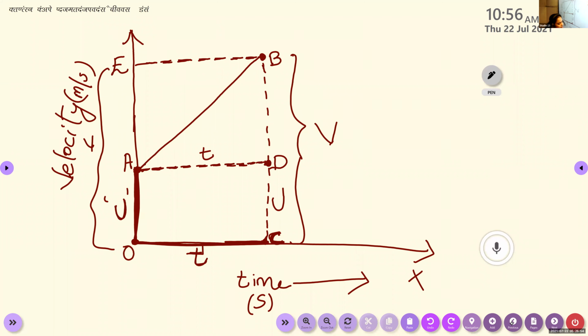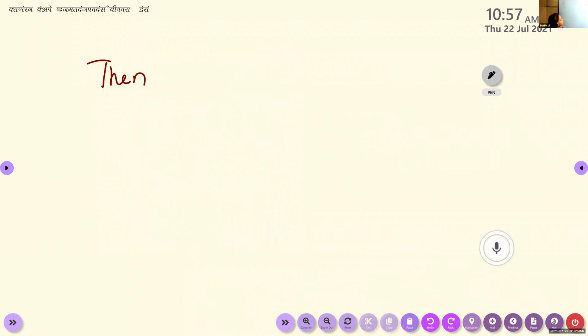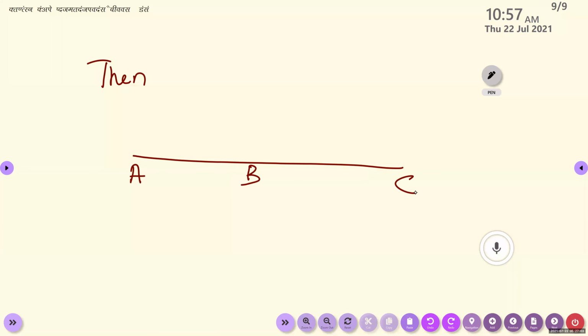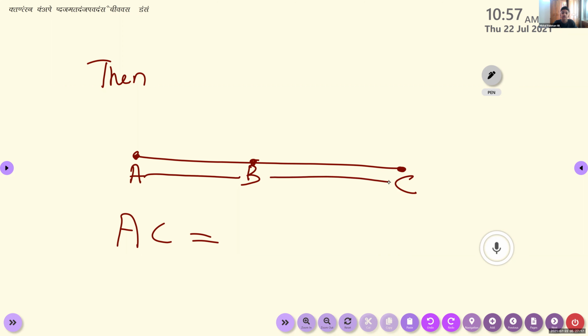Suppose you imagine a line A, B, C. You don't need to think about the angle. Here, what does the line AC represent? AB plus BC, right? Yes, so the total line AC is given by AC is equal to AB plus BC.